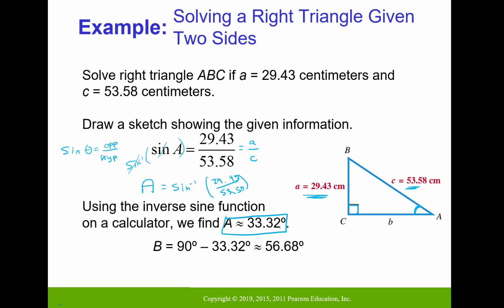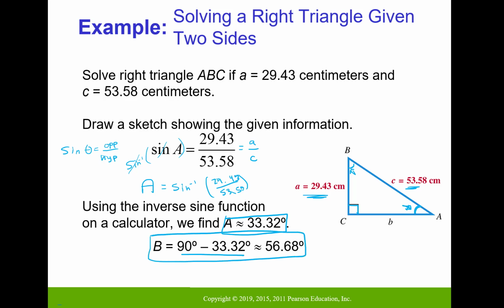So we have one of our angles, and if this angle is about 33 degrees, we just subtract that from 90 to get the other angle over here, the missing angle B. So 90 minus 33.32 degrees gives us our second angle.